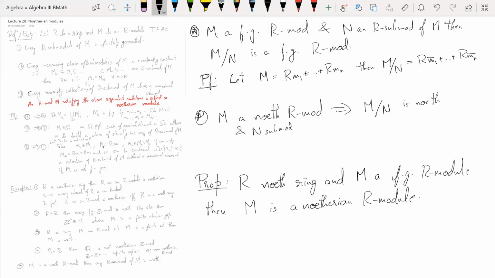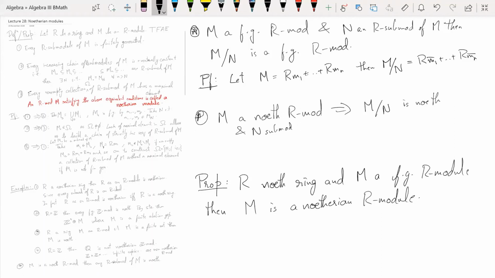Any element in M is a linear combination of m1 to mn, and any element in M mod N is the image of some element there, so it is the same linear combination of the images of m1 to mn. So a quotient of a finitely generated R-module is finitely generated.